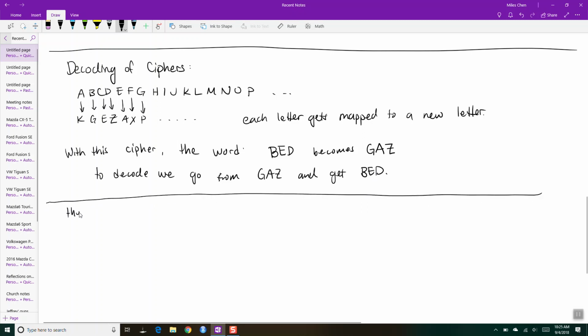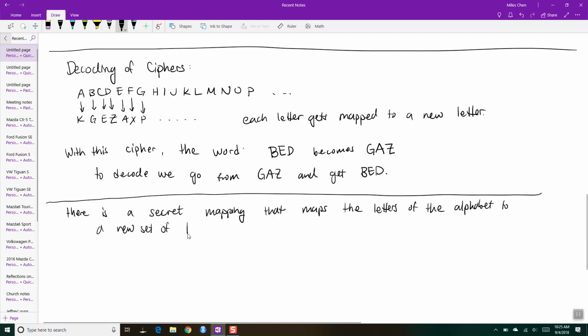So there is a secret mapping that maps the letters of the alphabet to a new set of letters. And we can think of the secret mapping as our theta. This is the parameter that we want to try to figure out.